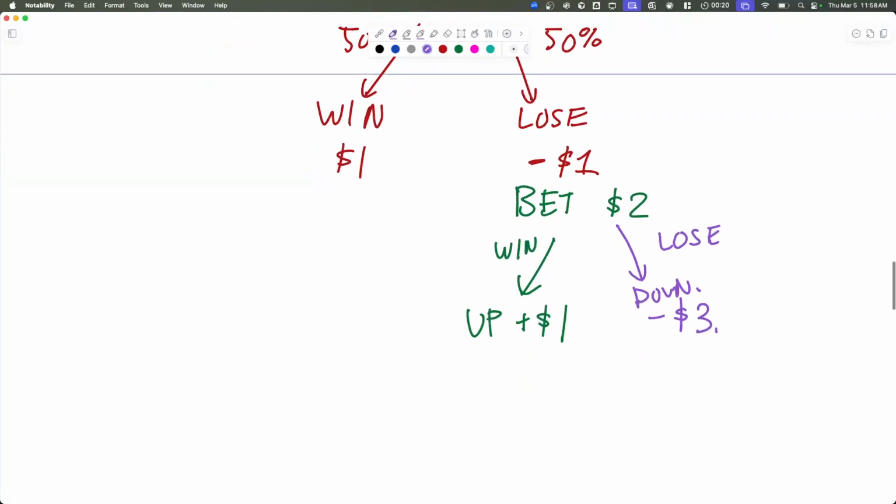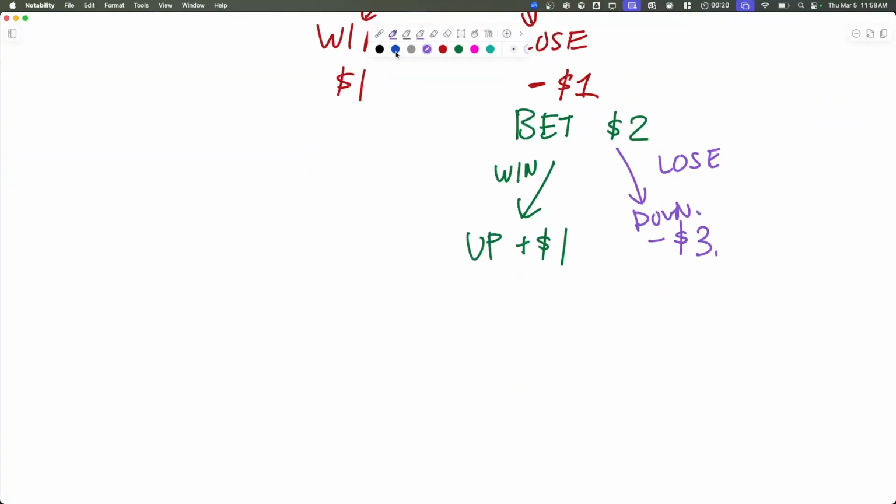You just keep betting. Don't worry about it. It does not matter. Win, and now you're up plus $1. Nobody mentioned the hidden downside that if you lose again, now you will be down $7. Just bet 8. But you just keep betting.